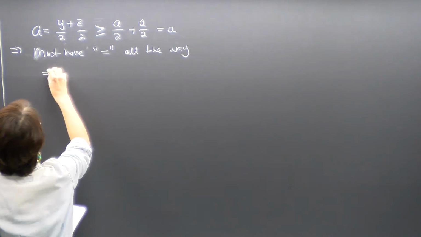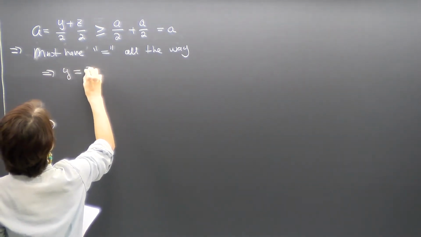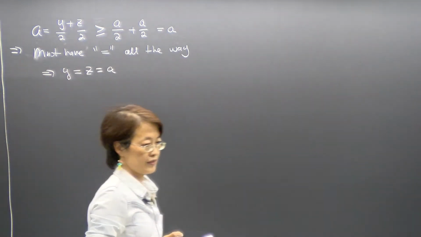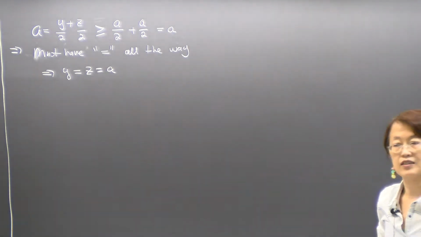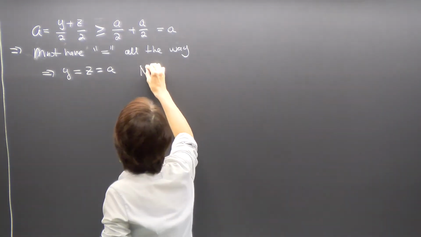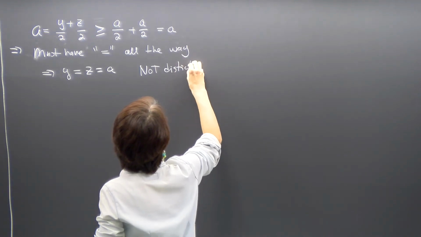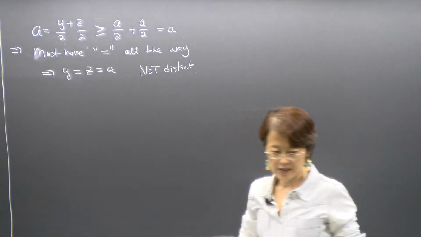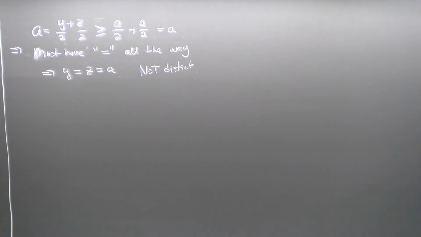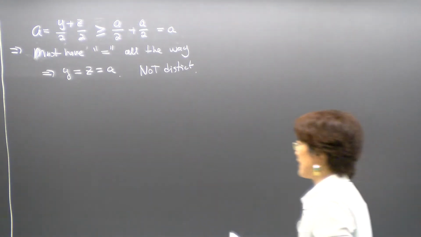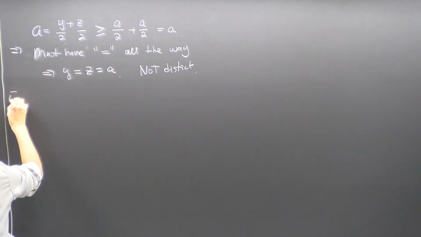So I must have y equals z equals a, and they're not distinct. So that's how you show that a is a vertex. Is that clear? All right.